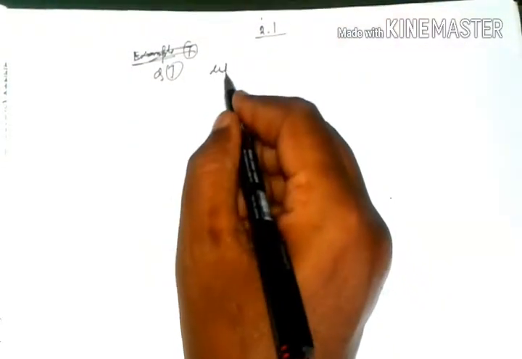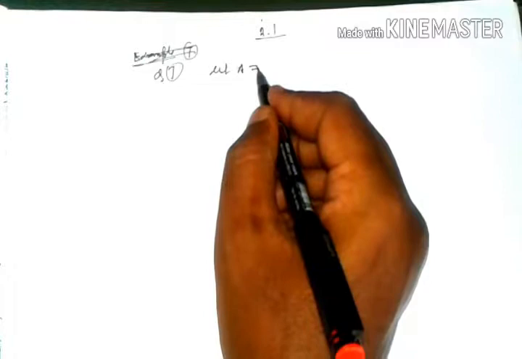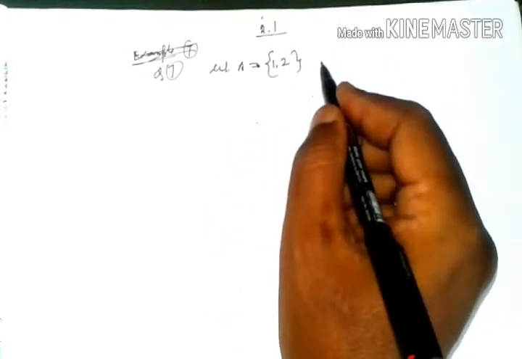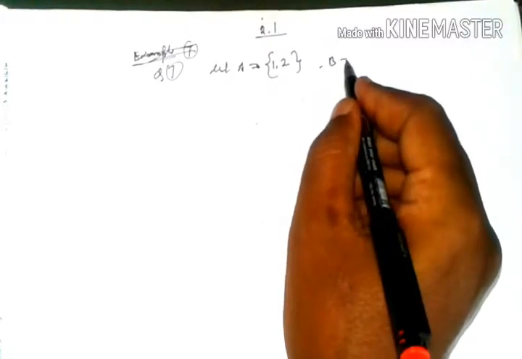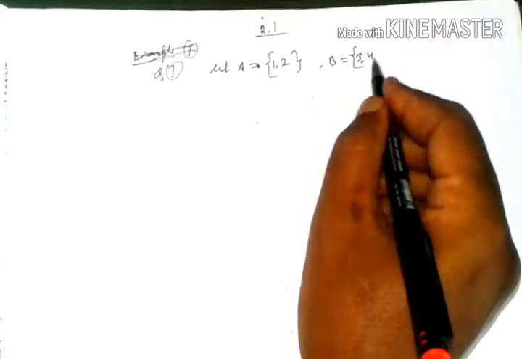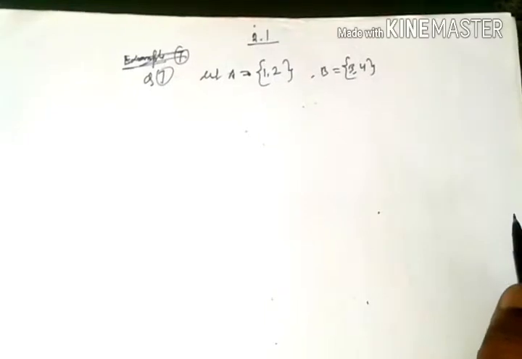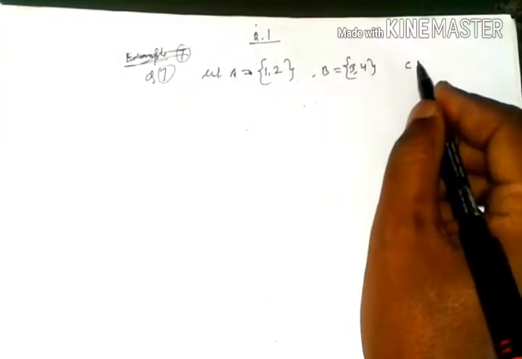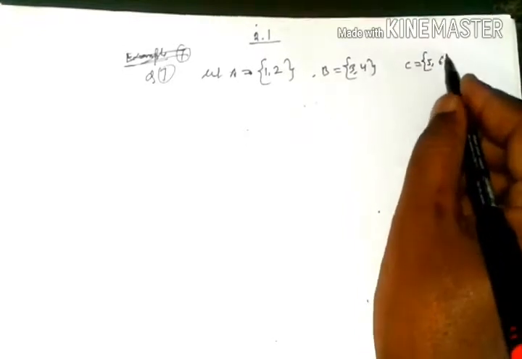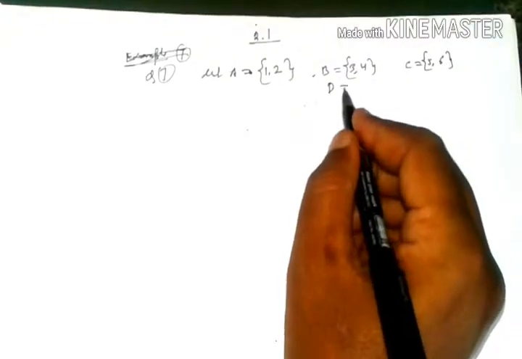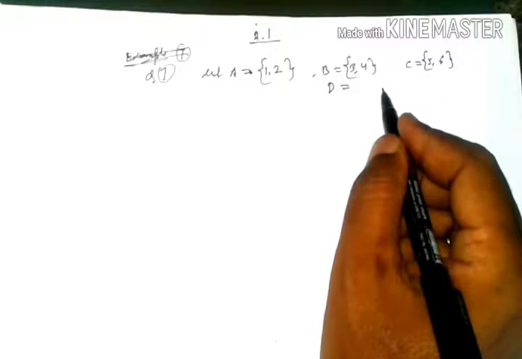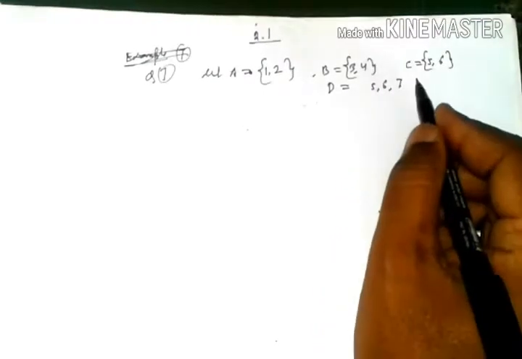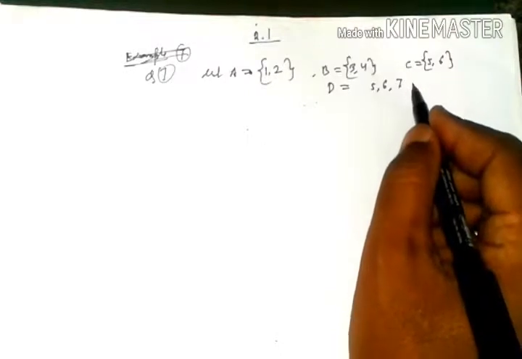Let A is equal to {1, 2}, B is equal to {3, 4}, C is equal to {5, 6}, D is equal to {5, 6, 7, 8}.